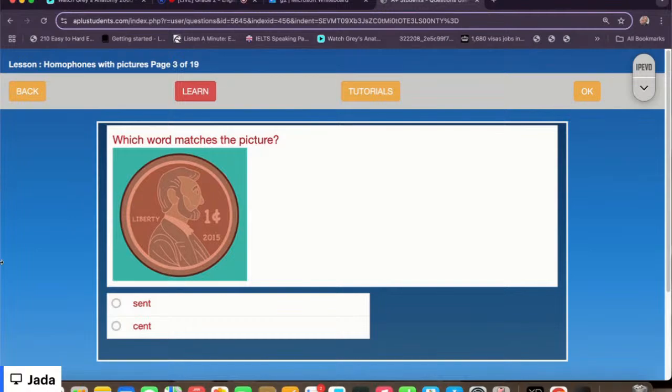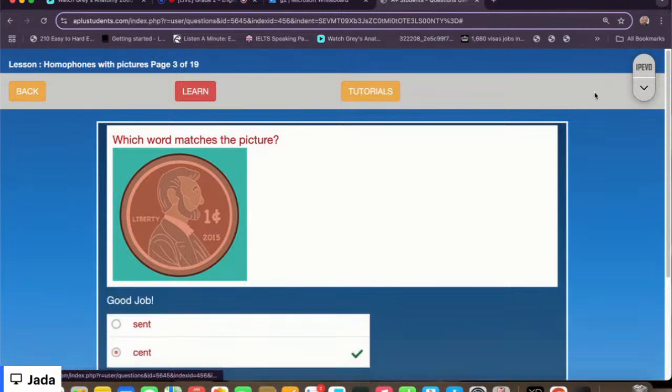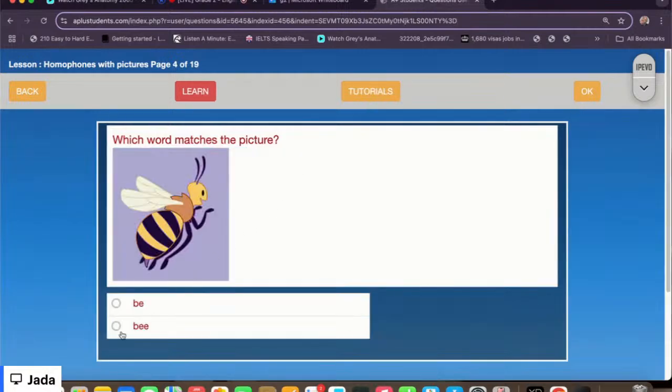Okay. So scent. Good. And then this one, B or B, which one?